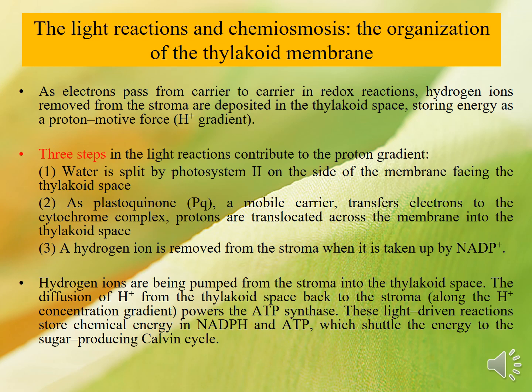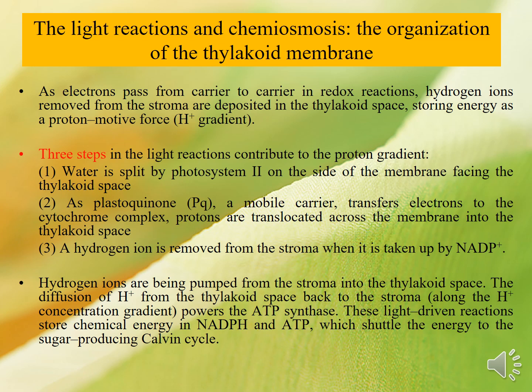Number 3: remember, NADP plus will be reduced to NADPH. This process occurs in the stroma. Because of that, hydrogen ion also decreases in the stroma, because hydrogen ion is taken up by the NADP plus.